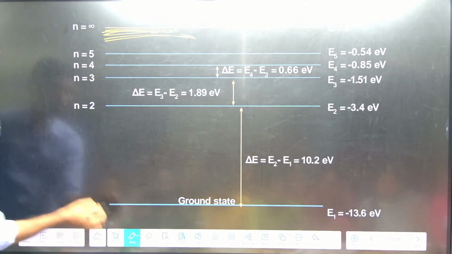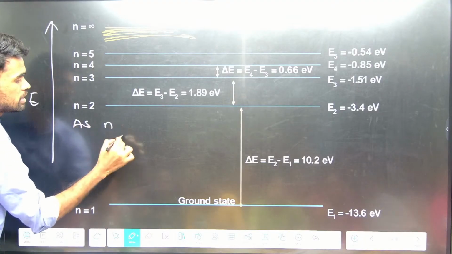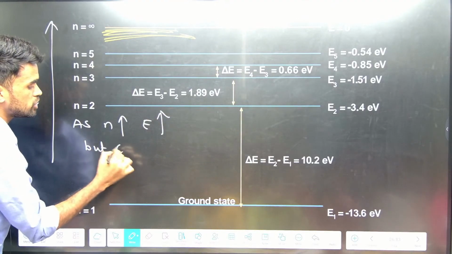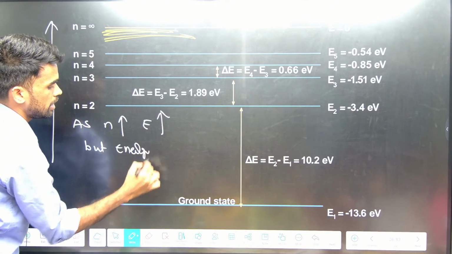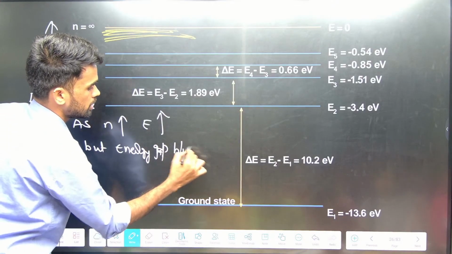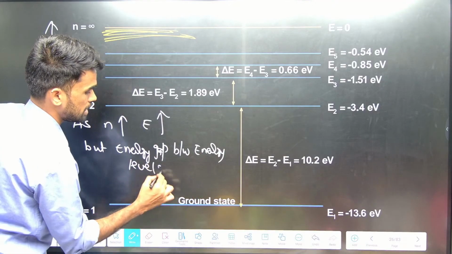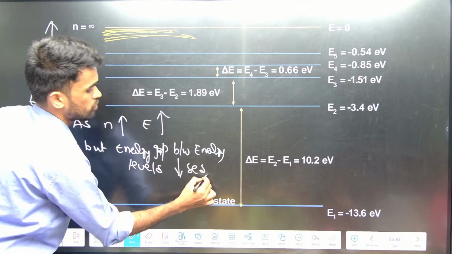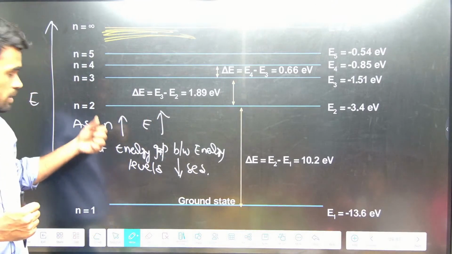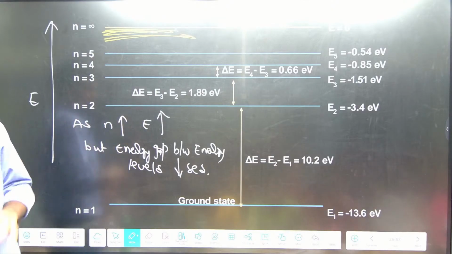So make one statement now: as n value increases, energy increases, but the energy gap between energy levels decreases. Which has the maximum energy gap? 1 and 2, like this. Is this clear, this statement also? Right.